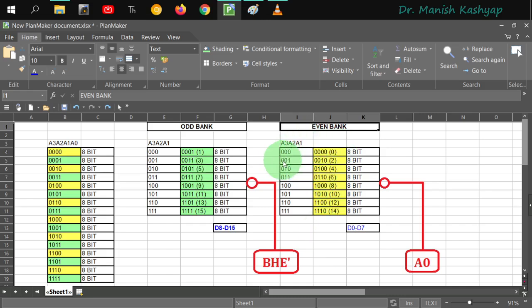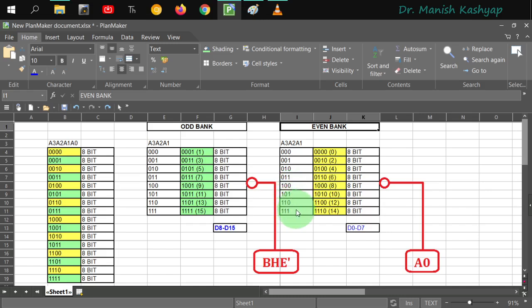If you see the first 3 bits, 001 here, this is 001. So this is also true for this particular case. Whether it is the odd bank or the even bank, the first three bits are as good as the address bits of this chip. Note that the addresses of this are in order, I mean 0, 1, 2, 3, 4, 5, 6, 7, and similarly here also 0, 1, 2, 3, 4, 5, 6, 7.